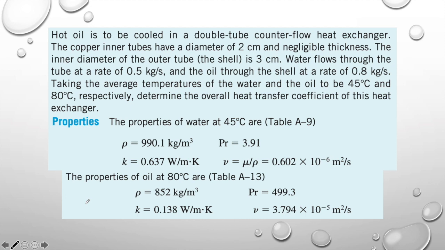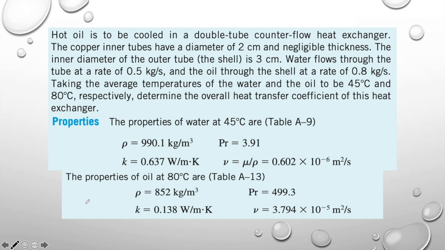Hot oil is to be cooled in a double tube counterflow heat exchanger. So we have a double pipe heat exchanger problem here, and the copper inner tubes have a diameter of 2 centimeter and negligible thickness.